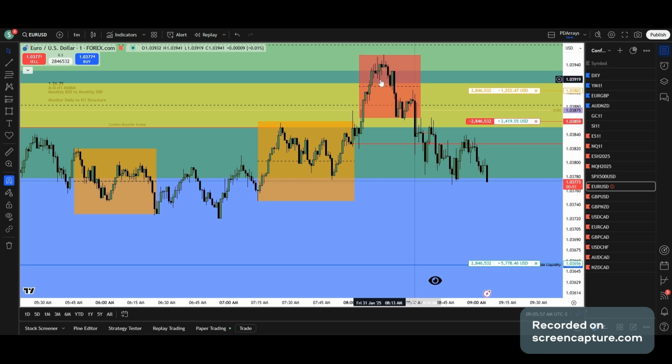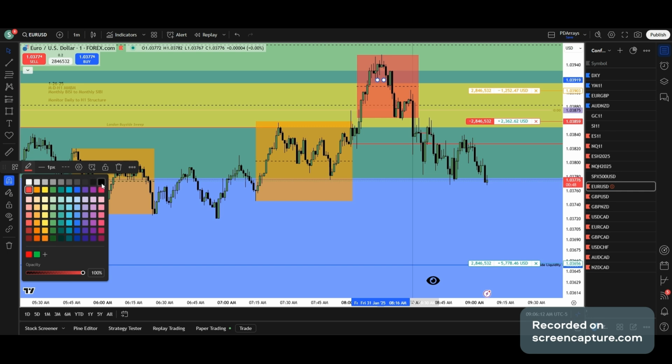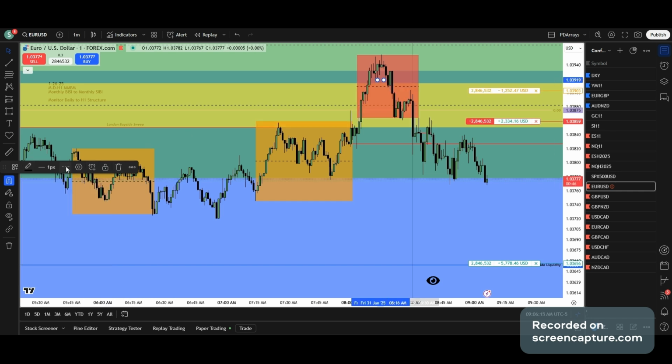So we have, let's see, market structure shift.